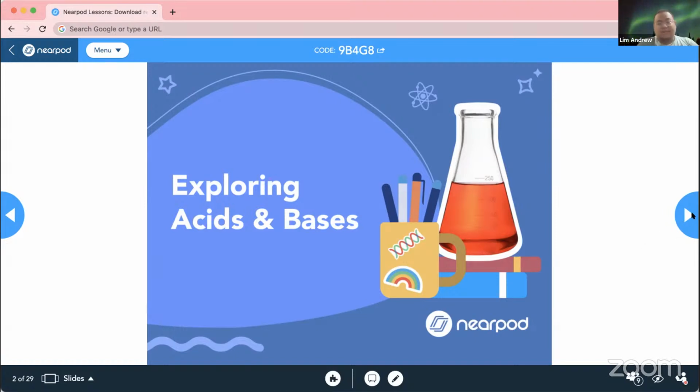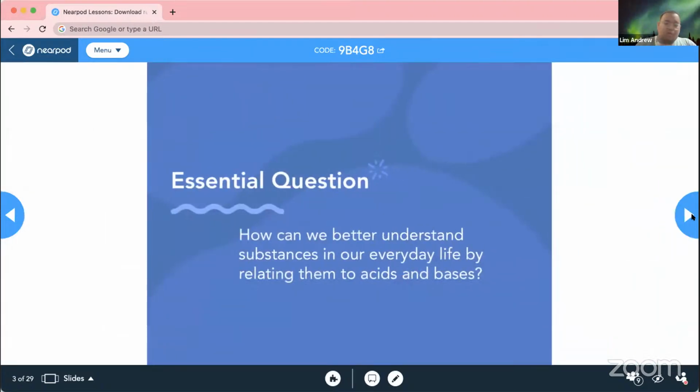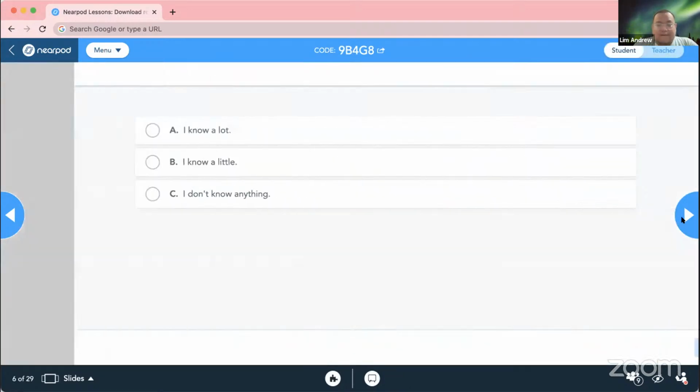So the chapter is exploring acids and bases. An essential question you have to ask yourself: how can we better understand substances in our daily lives by relating them to acids and bases? Just like I mentioned about lemon juice being sour, so that's why it's acid. Cleaning product detergent is base. So let's carry on directly.